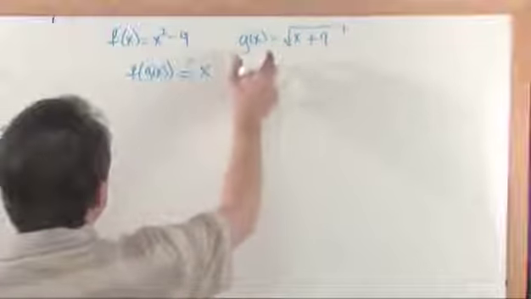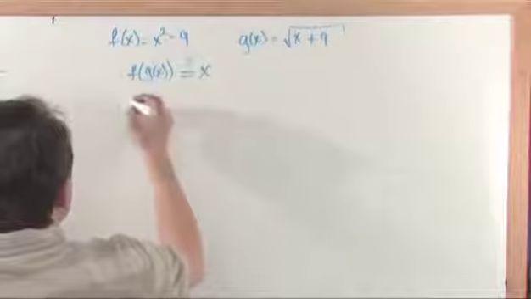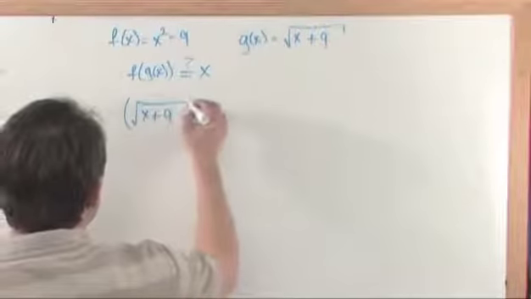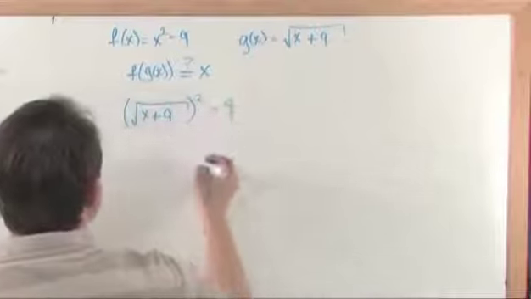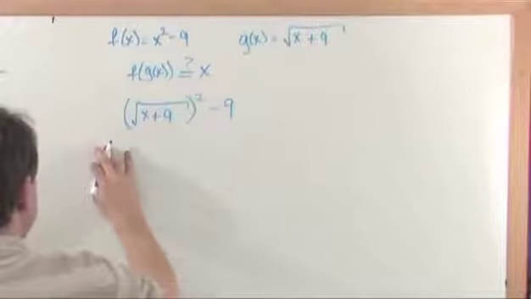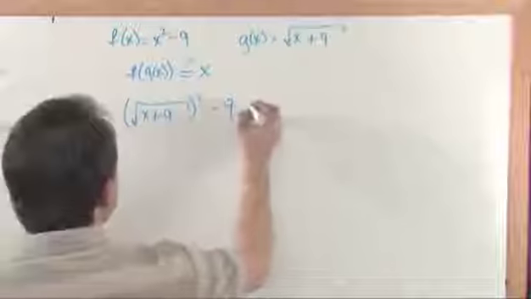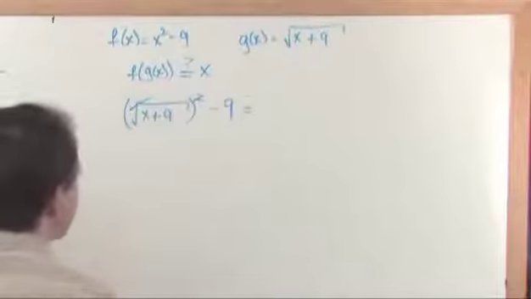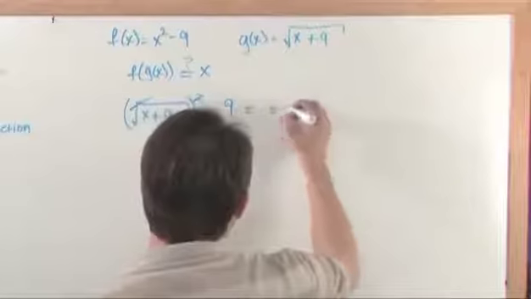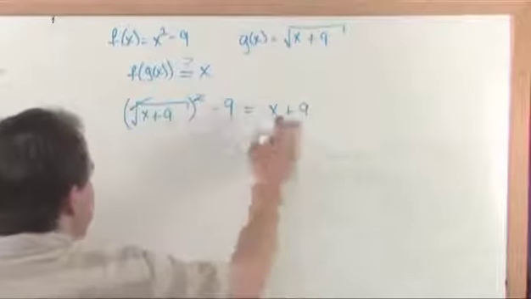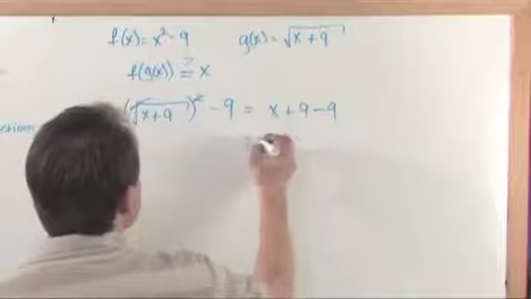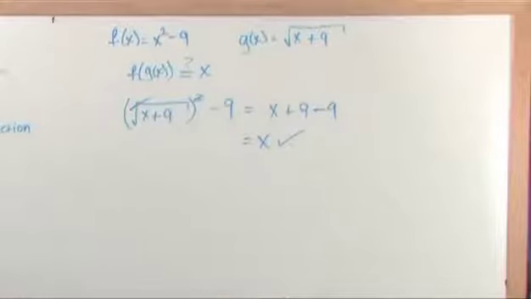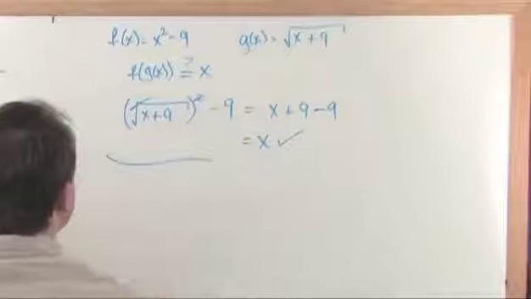So let's take g of x and plug it in here. So the square root of x plus 9, squared, minus 9. What is this equal to? The square of a square root cancels, so that goes away, and I have x plus 9 minus 9. So it equals x. Check, yes, these are inverses of each other.